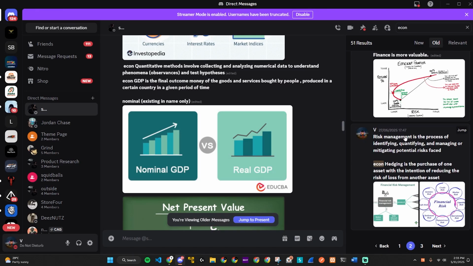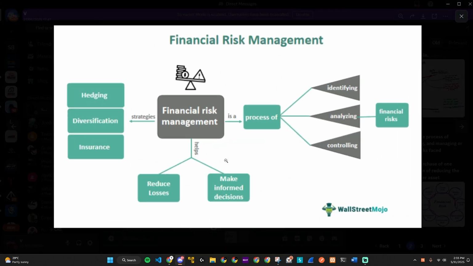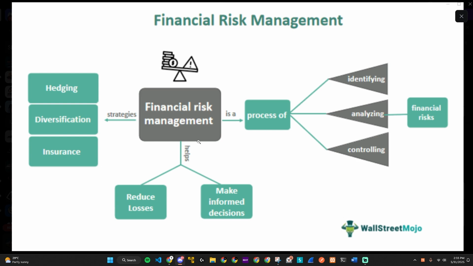Right, so risk management is the process of identifying, quantifying, managing, and mitigating potential risks faced. Hedging is the purchase of one asset with the intention of reducing the risk of loss from another asset. So you can see that helps reduce losses. It's the process of identifying, analyzing, and controlling financial risks. Strategies: hedging, diversification, and insurance, right?